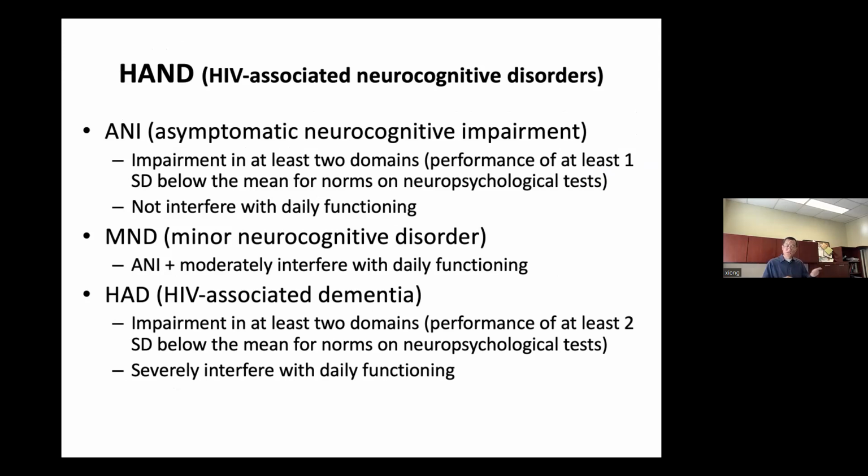For example, motor function, executive function, learning, memory, language, and the speed of information processing. Those are some of the cognitive domains commonly affected in people with HIV disease.